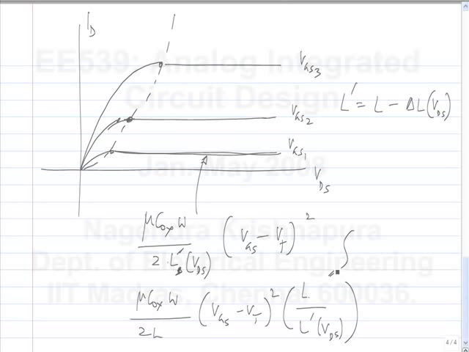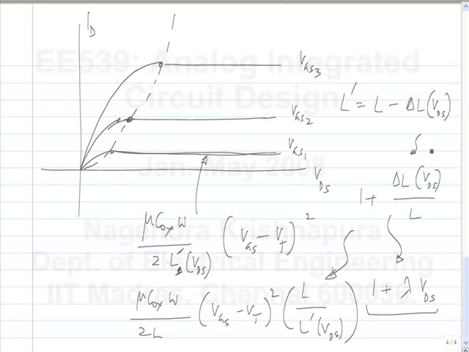So this entire fraction can be written as 1 plus, and this is further simplified to a first order dependence on VDS. So this lambda, if you expand this in a Taylor series, you get something, and the first term is what we account for in the model.